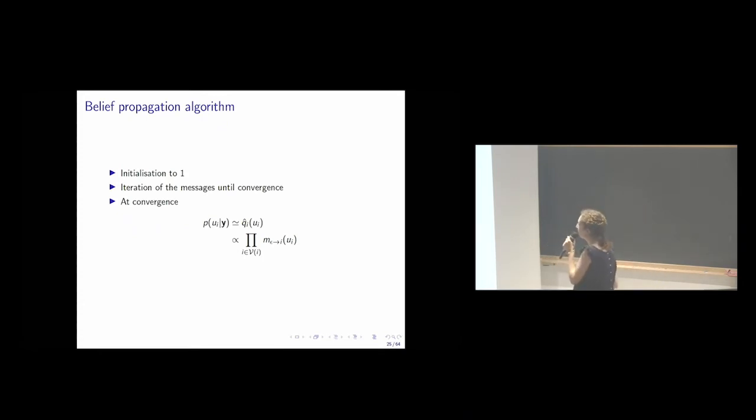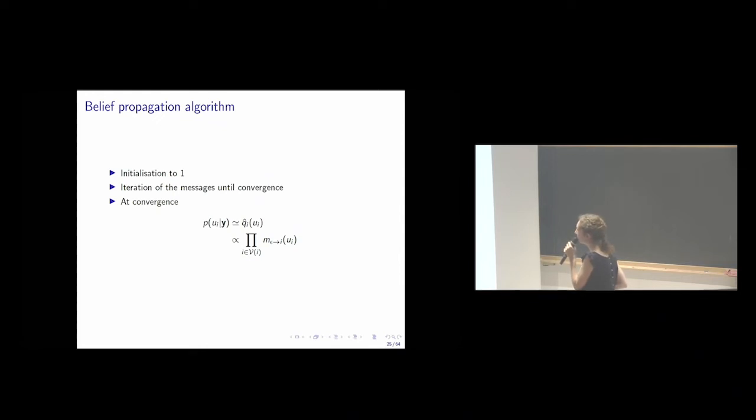So the belief propagation algorithm will initialize all messages to 1 at the beginning, and then it iterates the messages until convergence. And at convergence, you will get this definition for the marginal a posteriori of the variable ui.